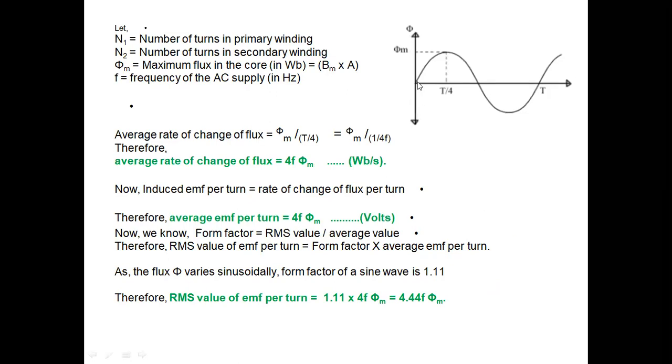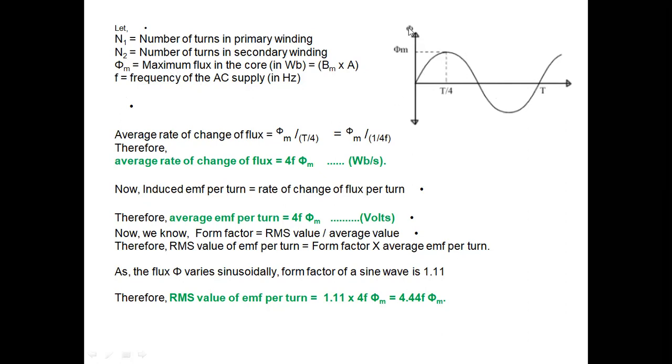Just like AC voltage, it also varies sinusoidally from 0 over time period T. The flux changes from 0 to maximum and in the same way for the negative cycle, to the negative maximum value. N1 is the number of turns in the primary, N2 the number of turns in the secondary, phi m is the abbreviation for maximum flux, and f is the frequency of the AC supply.